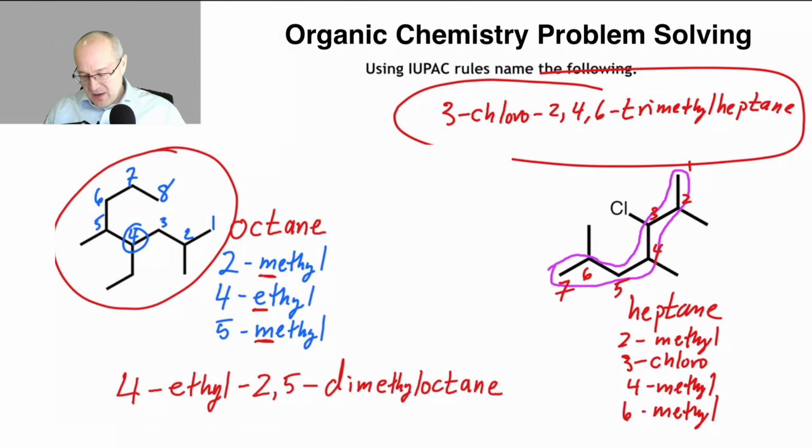And when we do that, we find out the next substituent will be 3. Here it would be 4, so we had to come from this side. You always want these numbers to be as low as you can get them. So that's why I started from here and not from here. It wasn't the first substituent, it was the second one, because the first one was the same numbers. I had to go to the next one to find the difference.